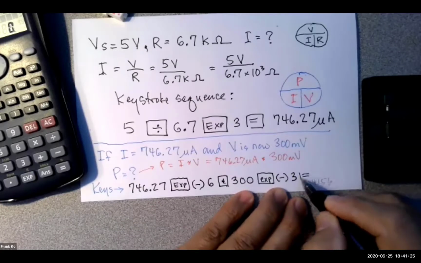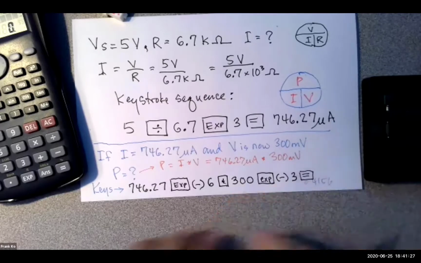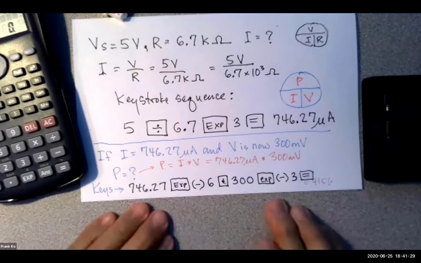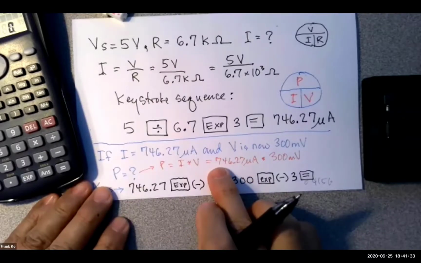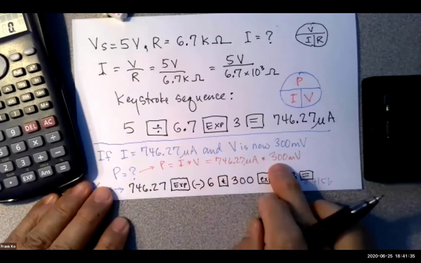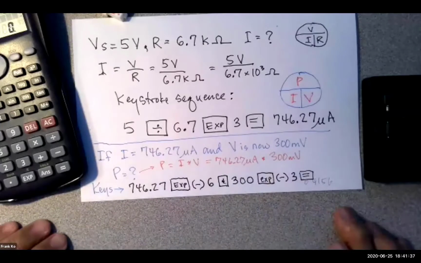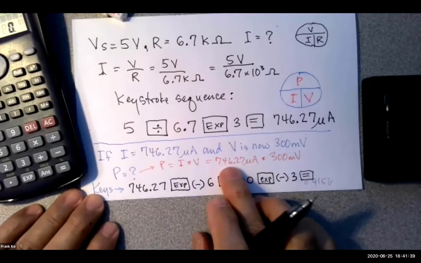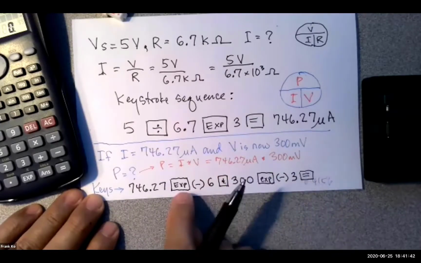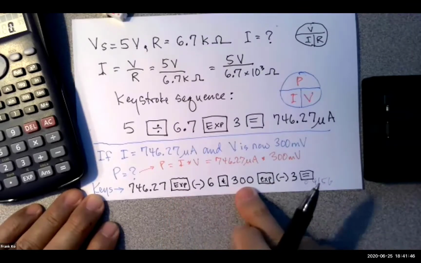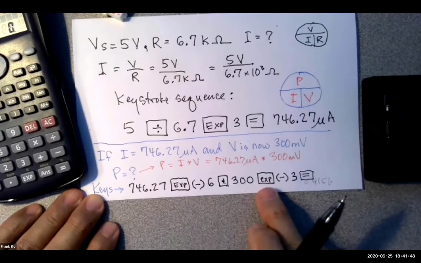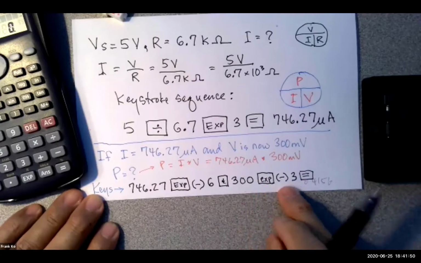Then I have told my calculator the information it needs. I can't just punch in numerals. I cannot punch in 746.27 times 300. That's meaningless. We have to punch in 746.27 micro, and we key that in as exponent -6 times 300 milli, and we key that in as exponent -3.